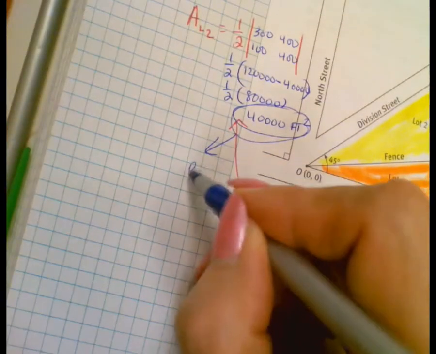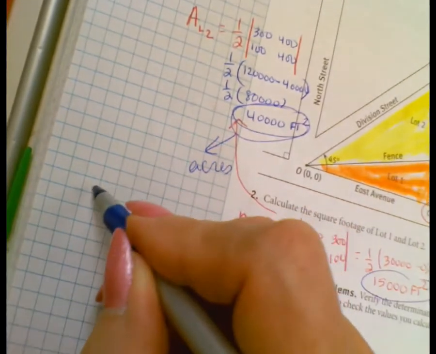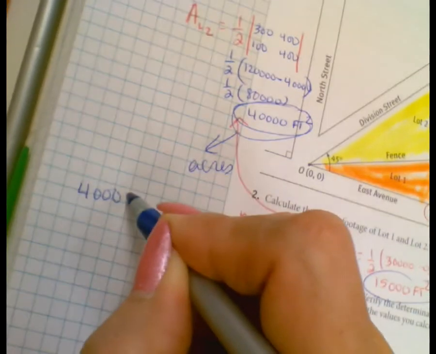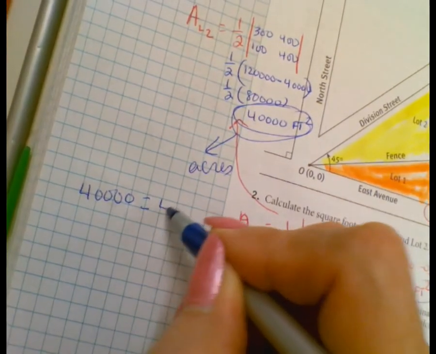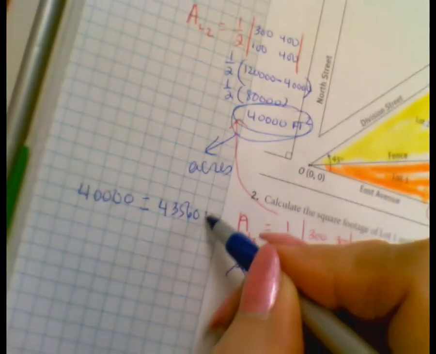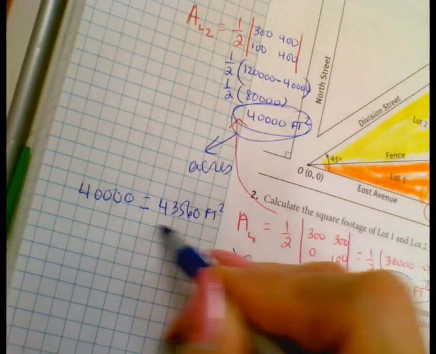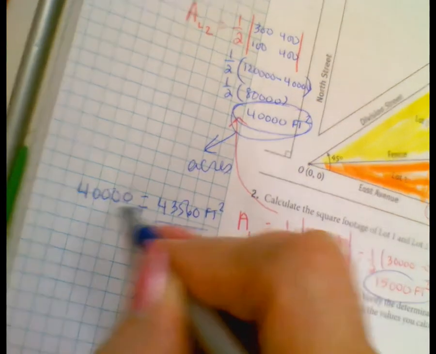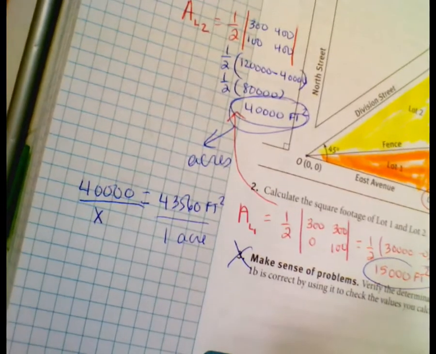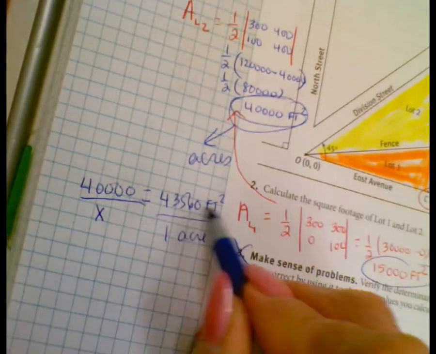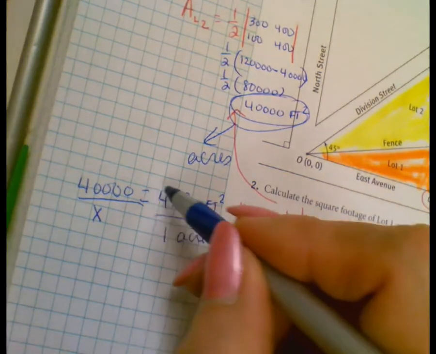If I wanted to convert this to acres, I would take my 40,000 and set it equal to 43,560 feet squared, and that's equivalent to 1 acre. And we're trying to figure out how many acres this one is. I'm going to set some kind of proportion up like this: acres on the bottom, square feet on the top, cross multiply.